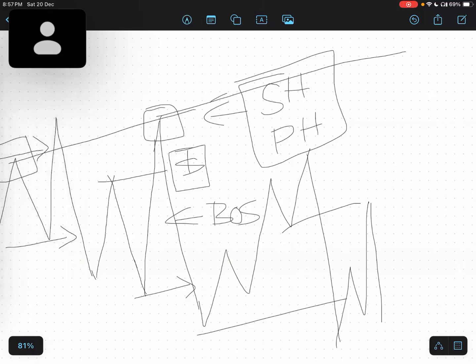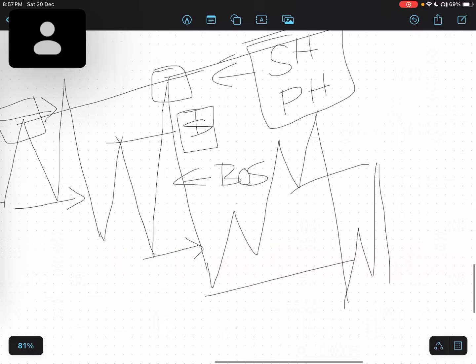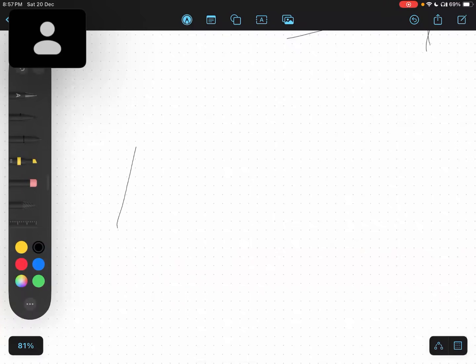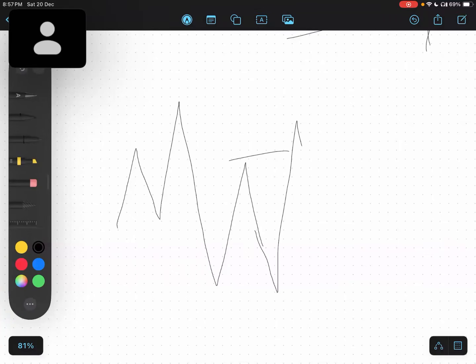So the level I told you, the swing high or protected high: what level? Sweep, a breakout structure, a liquidity. After taking the liquidity, it reacted from some key level. That level we call a swing high, strong high, or a protected high.